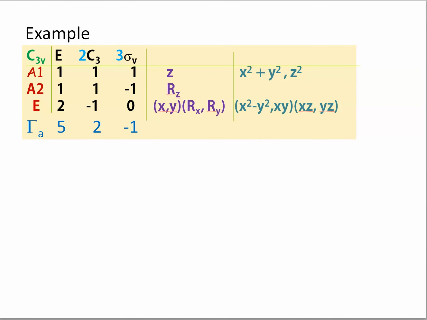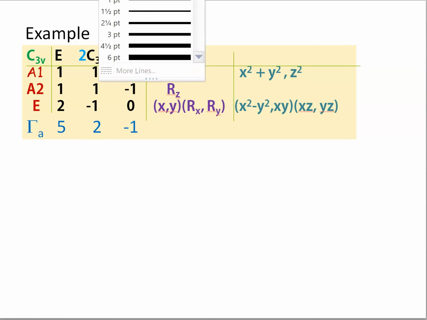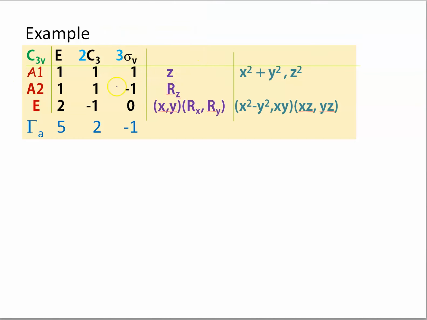Suppose I am taking the C3v point group. We have already discussed the character table of C3v, and this is the character table. It contains 3 IRs, A1, A2 and E. Gamma A is not an IR, gamma A is a reducible representation.